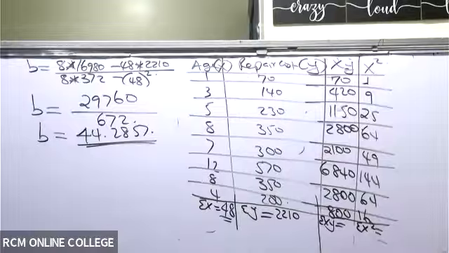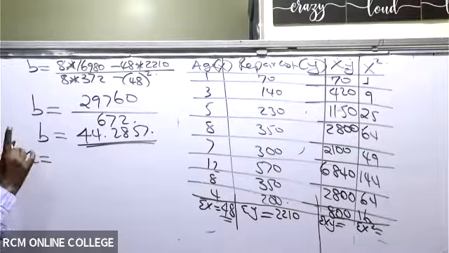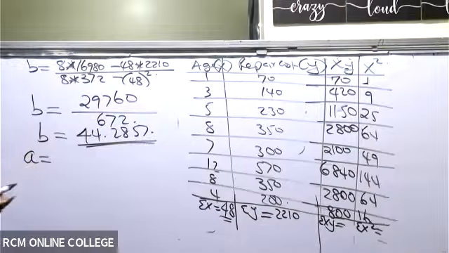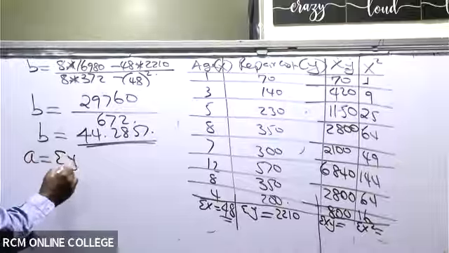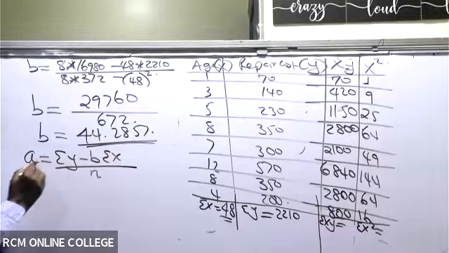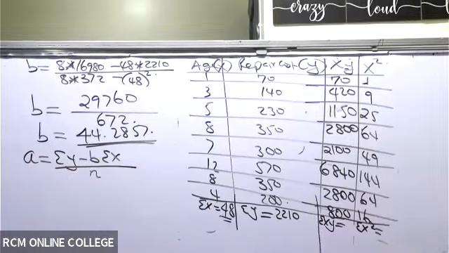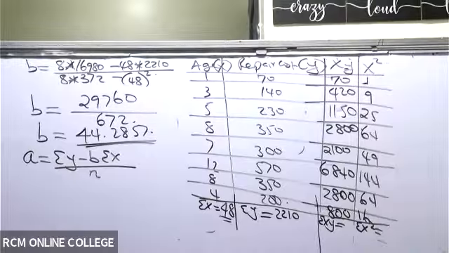And once you now get the value of B, getting A is as easy as a walk in the park. To get A, we normally take summation of Y minus B, summation of X, divided by N. So do we have all these parameters?